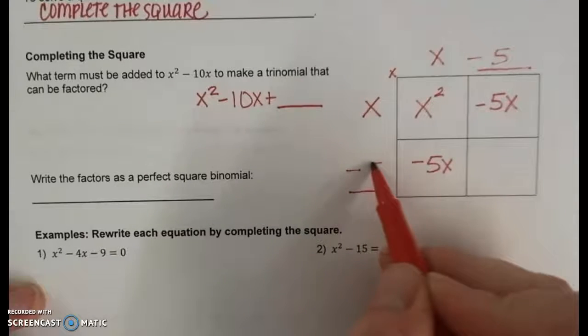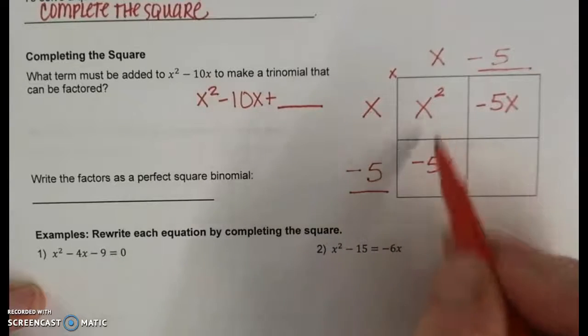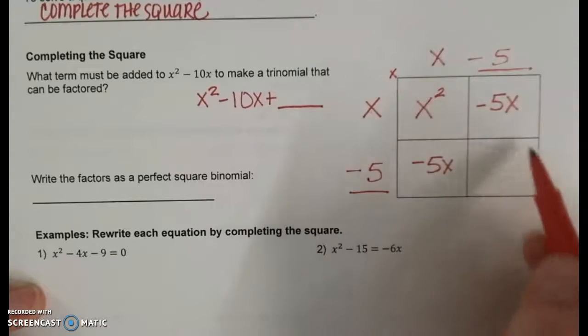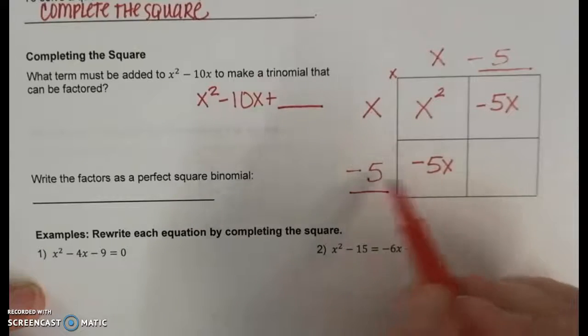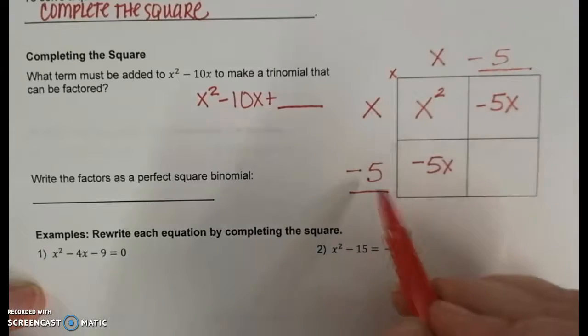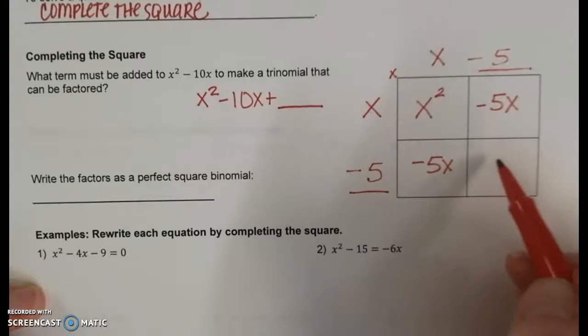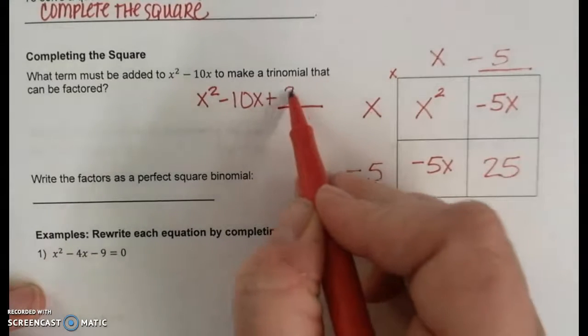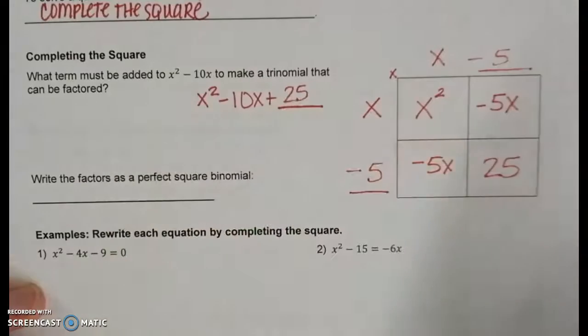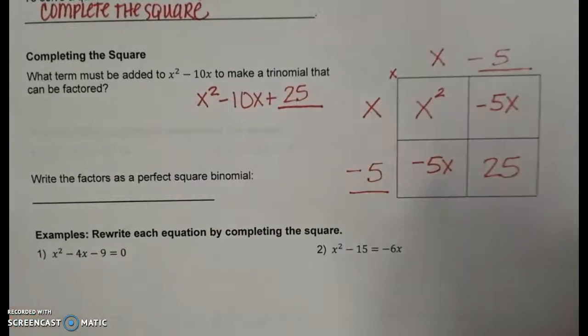That is also negative 5. So I have 3 of the squares done. To complete the square, to get this final section, where the column and the row meet, it's negative 5 times negative 5, so I get positive 25. That is my completed square, and that is the number I'm going to put right over here.